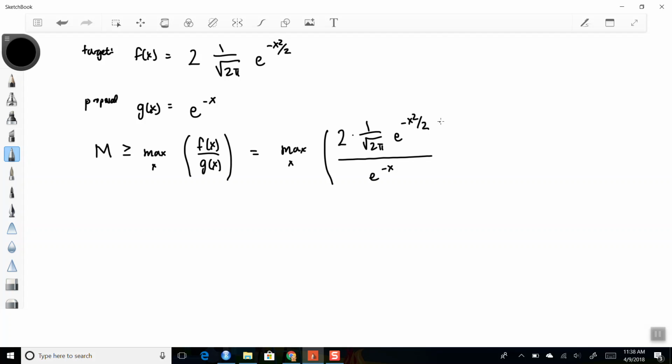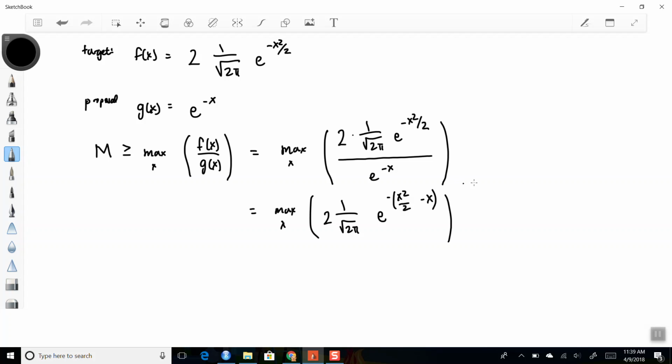Okay, and so we want to find the maximum value over x of 2 times 1 over root 2 pi, and then you combine exponents, and so you'll get e to the negative x squared over 2 minus x. Okay, so that's what we have there.